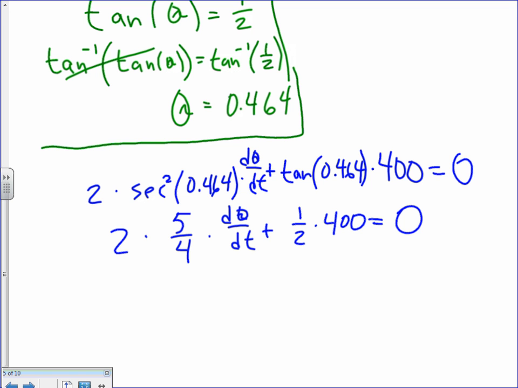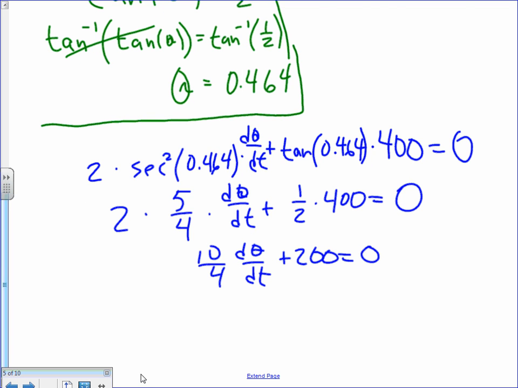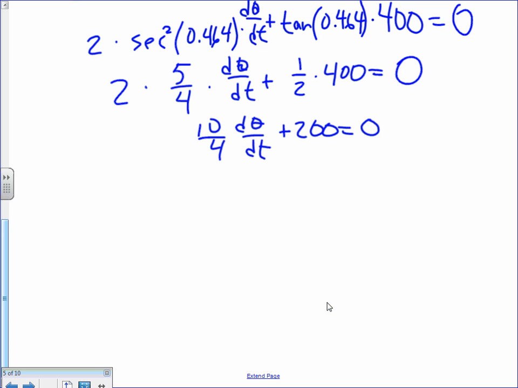Okay, let's solve. 2 times 5/4, I get 10/4 d theta dt, which is 5/2, but I'm not going to simplify right now, plus 200 equals 0. And then I'm going to subtract my 200 over. So I got 5/2 d theta dt equals negative 200.